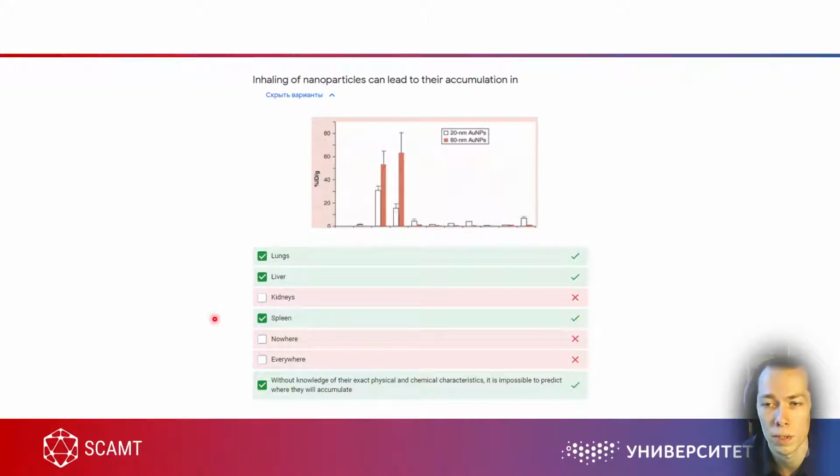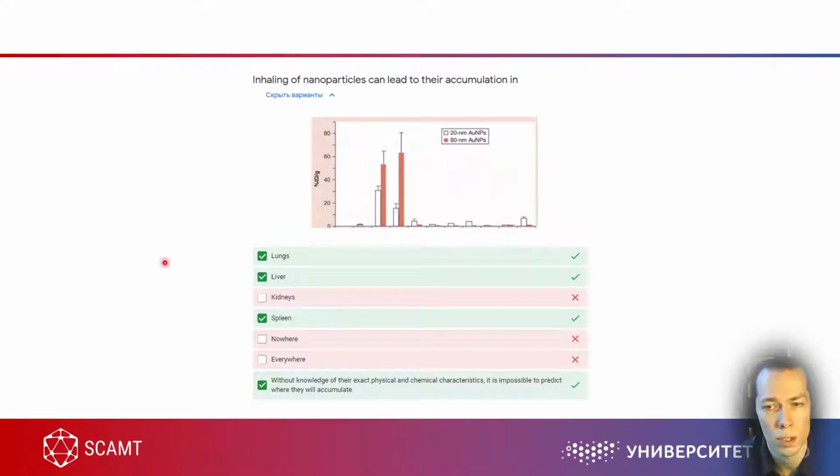We definitely cannot predict, but at least we can suggest, because if they entered lungs, they will already be covered with some proteins, with mucosa, with some other things. And probably this will help to eliminate them with liver or spleen.